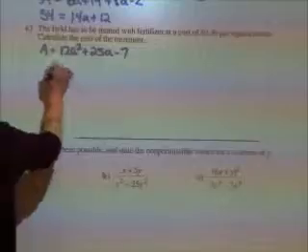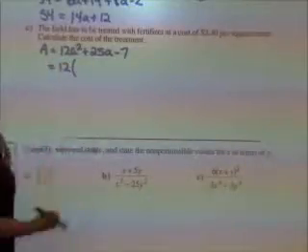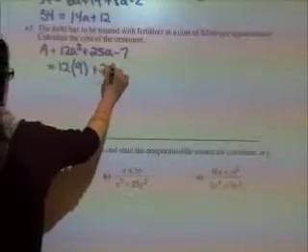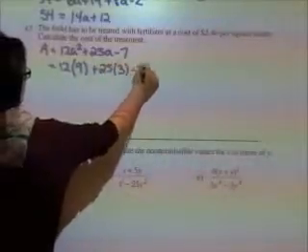And thanks to what I did above, I now also know what a is. A is 3. So I get 12 times 3 squared, which is 9, plus 25 times 3 minus 7. And what do you get?